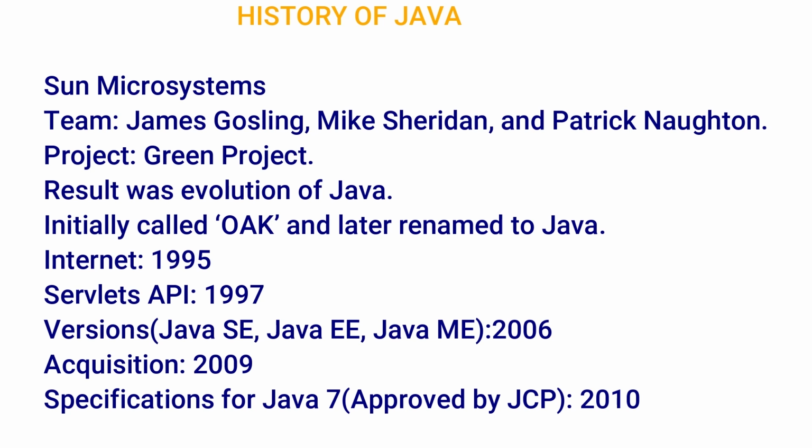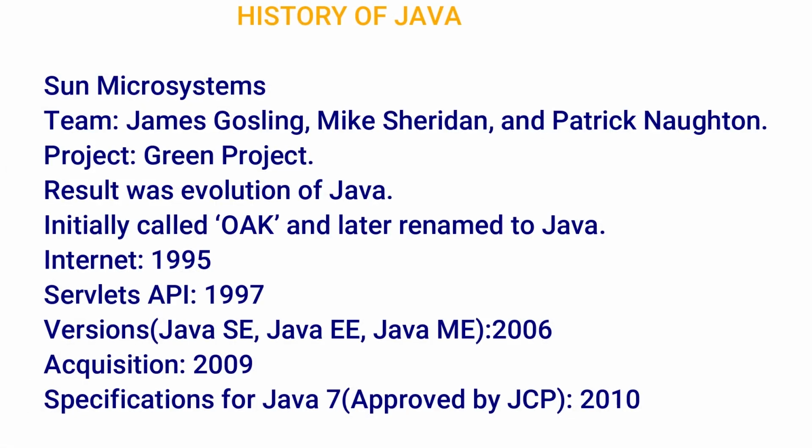In 1997, Sun Microsystems defined the servlet API, which really helped in the generation of dynamic web pages, or generation of dynamic HTML for web pages.